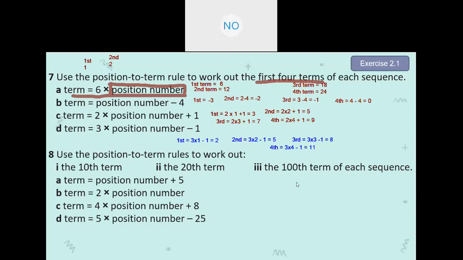we only have to find the 10th term, 20th term, and also the 100th term. So how do we find it? What is the 10th term for question 8a? 15. How do you get 15? 10 plus 5, which is equal to 15.